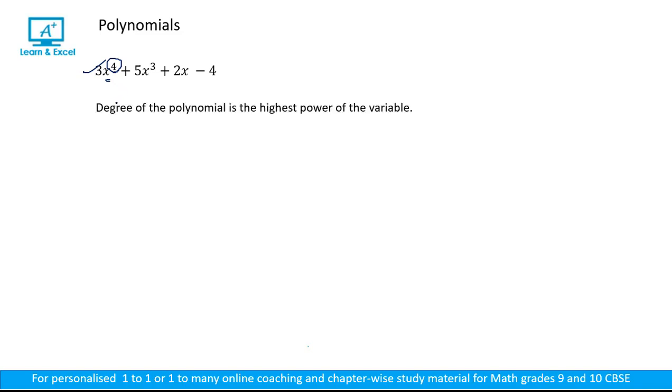Now based on the degree, polynomials are classified into different types. The first type of polynomial is a linear polynomial. In the linear polynomial, the highest degree is 1. We can see here in all the 4 examples, the degree of the polynomial is 1. Hence this is a linear polynomial.